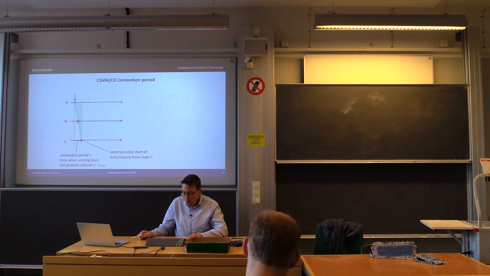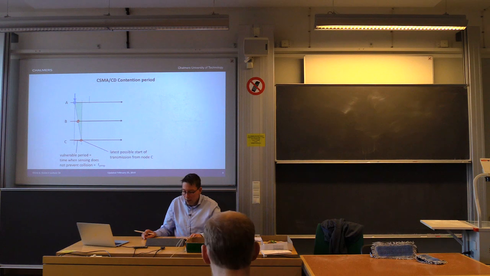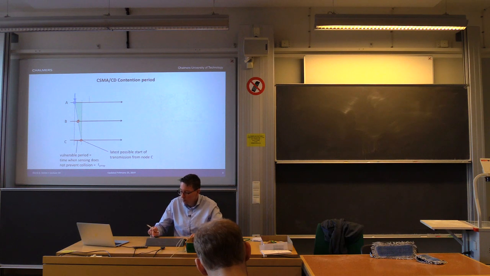But then suppose we have maximum unluckiness here, in the sense that C, just a fraction of time before the frame from A arrives, senses the channel and then starts to transmit its frame here.